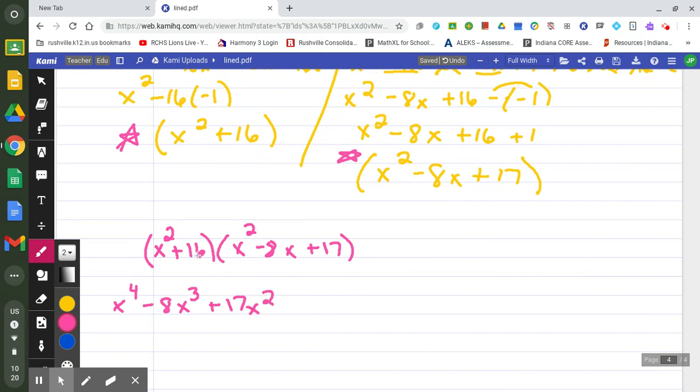Then we've got 16 times x squared. 16 times -8 is -128x. And then 16 times 17 is 272.